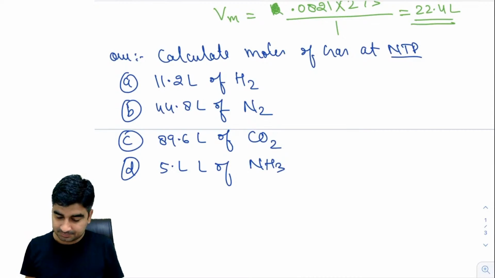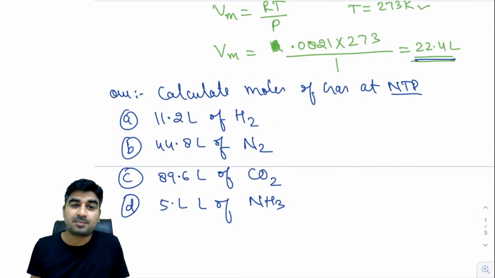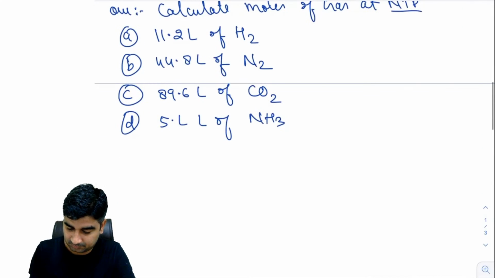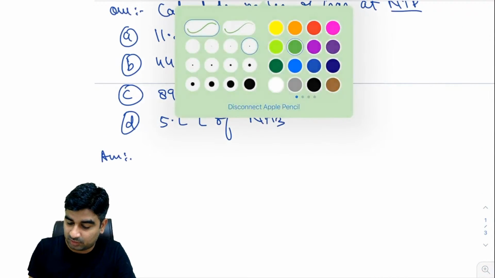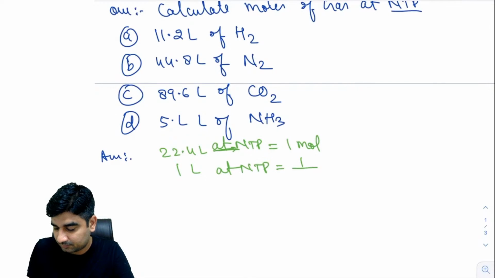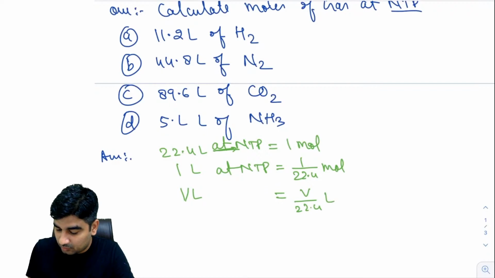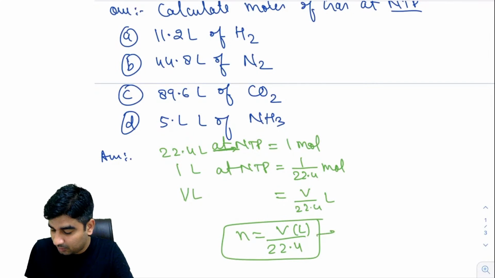Simply use the unitary method. And what does the unitary method say? 22.4 liter at NTP means 1 mole. 1 liter at NTP means 1 by 22.4 mole, so V liter at NTP means V by 22.4 mole. So this is basically the formula, but you can apply this formula only at NTP.